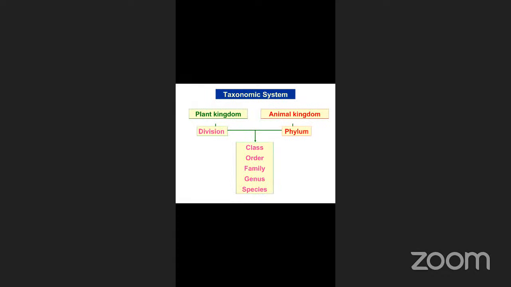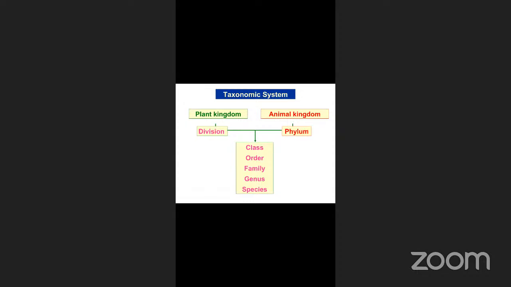Again, the plant kingdom is divided into divisions, and the animal kingdom into phyla. Both divisions and phyla are again divided into class, order, family, genus, and species.